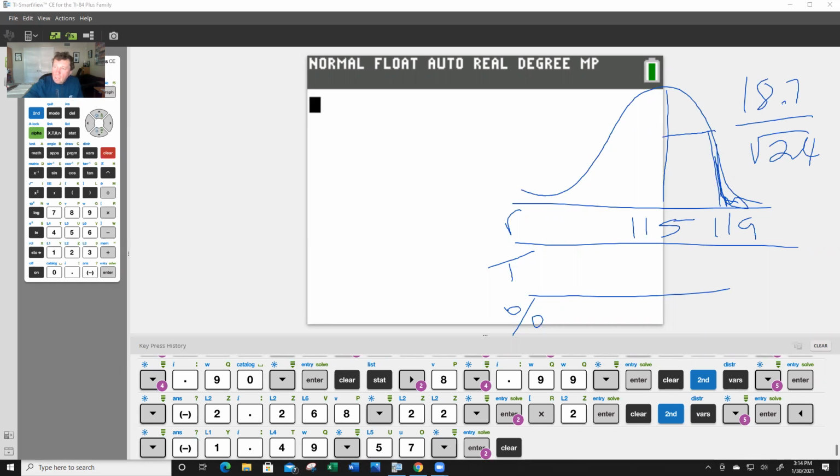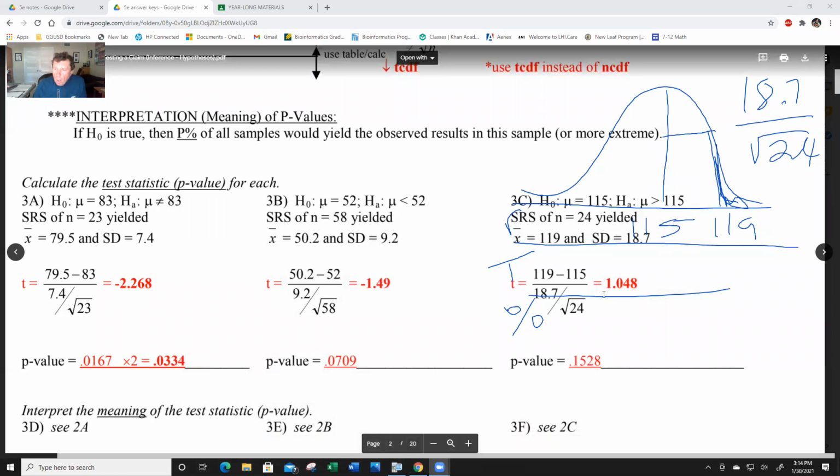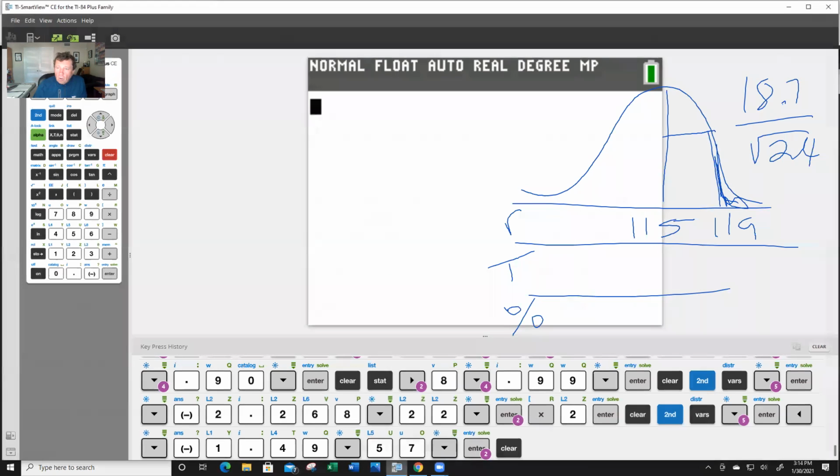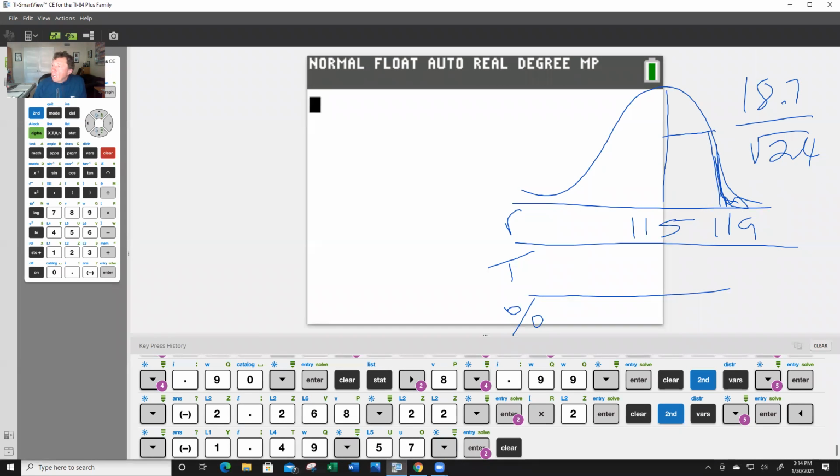And then when you do that to get a t-score, let me slide back over to see what the t-score was. I don't have that on me. The t-score ended up being 1.048. So the t-score after we do our math is 1.048.